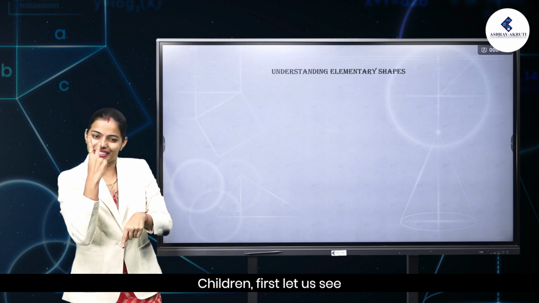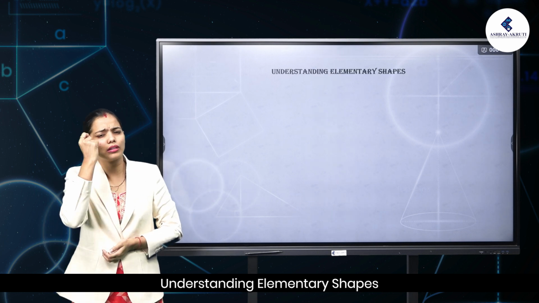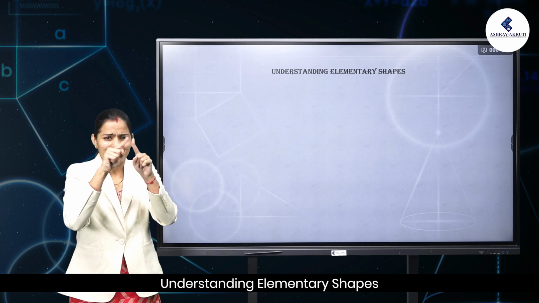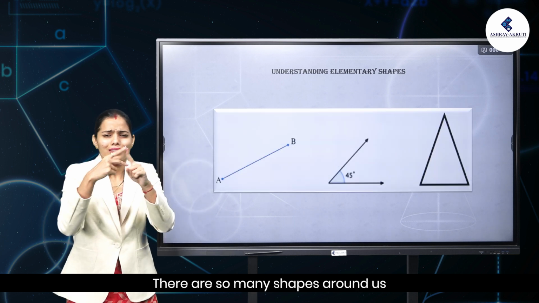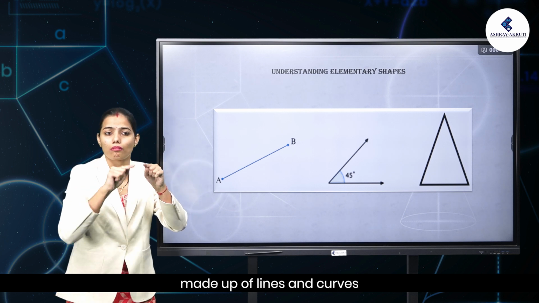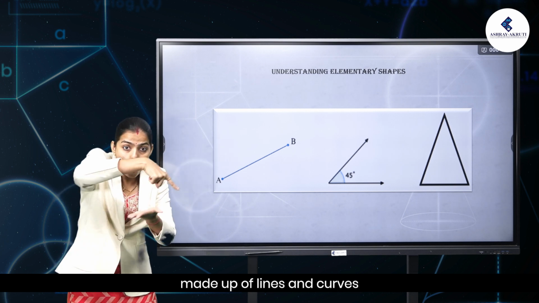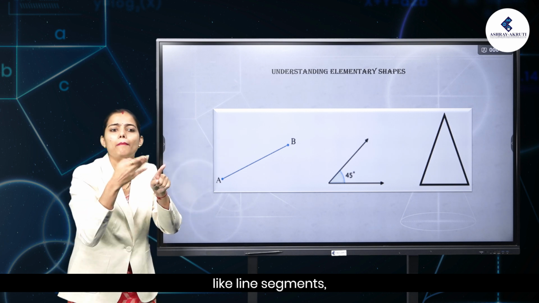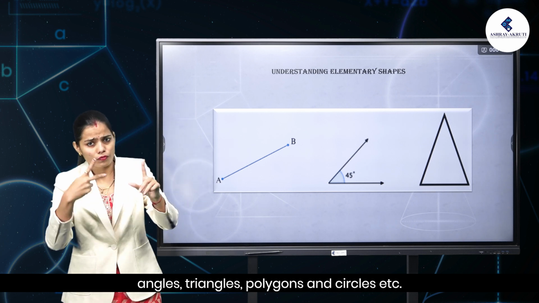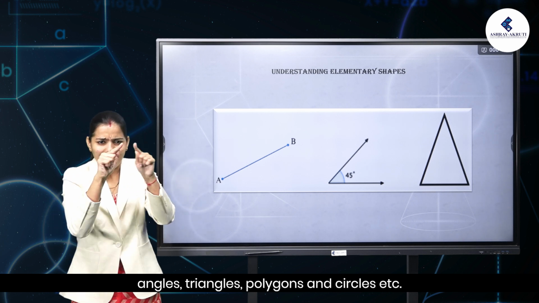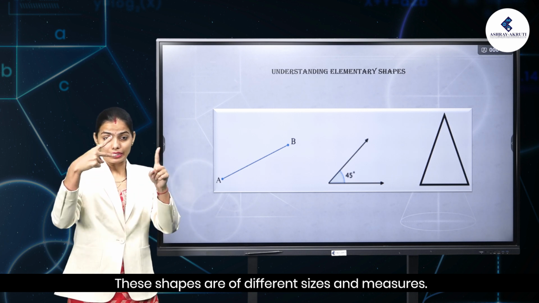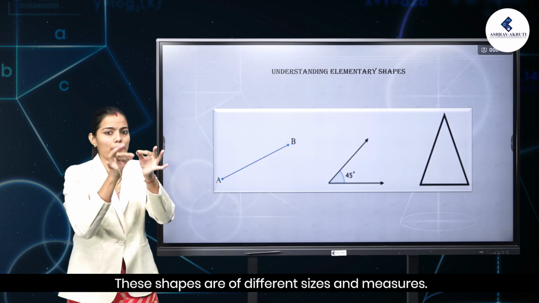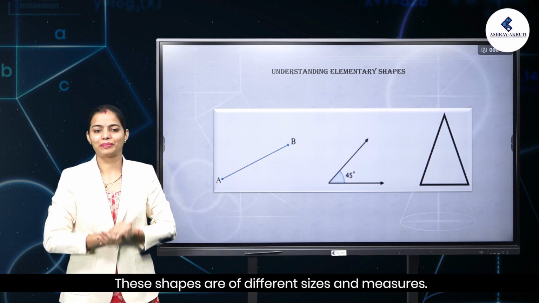Children, first let us see understanding elementary shapes. There are so many shapes around us made up of lines and curves like line segments, angles, triangles, polygons, and circles, etc. These shapes are of different sizes and measures.